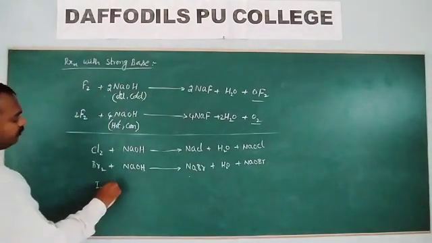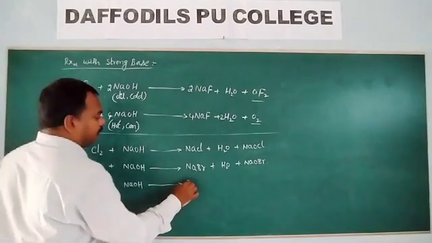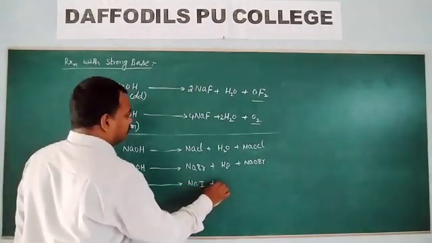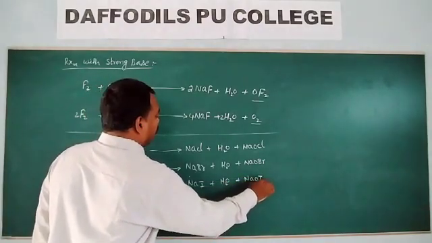When iodine reacts with the sodium hydroxide, we will get NaI, H2O and NaOI.